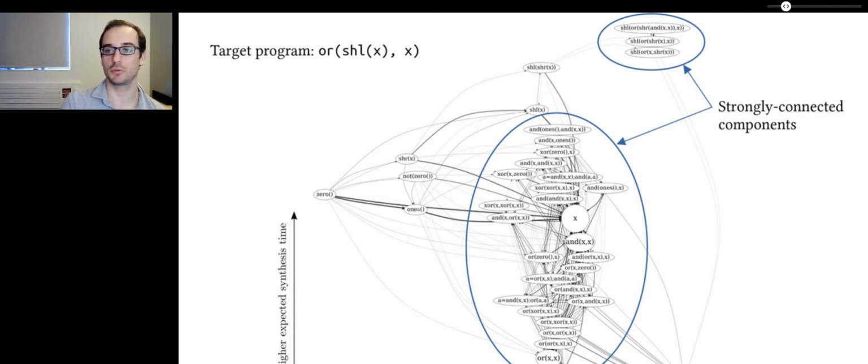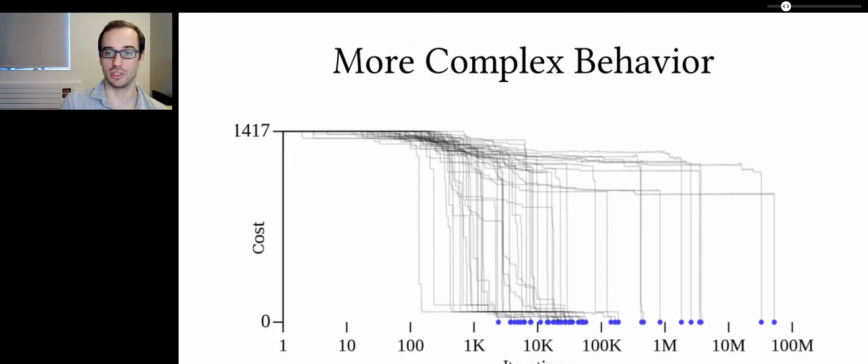So this upper right component represents a local minima in the search space. And as we can see, it is possible for there to be a transition to the goal state, but it's just very rare because it requires either a large increase in cost or several moves to occur in a specific sequence.